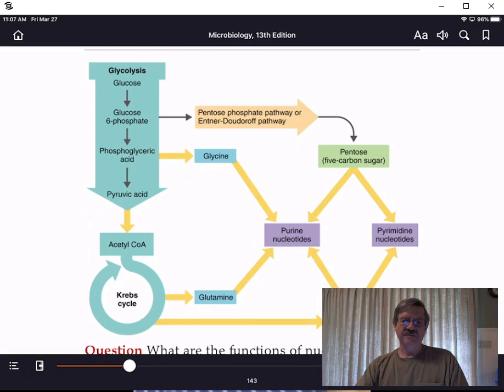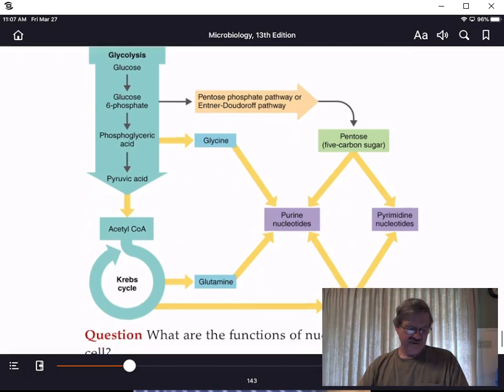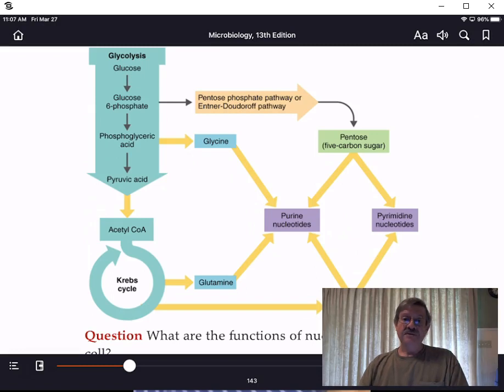We're going to have intermediates from the Krebs cycle that are going to be involved here. And then it's going to go through a series of metabolic pathways to wind up producing these nucleotides. Again, anytime you have a buildup of complexity, it is going to require an input of energy from ATP.